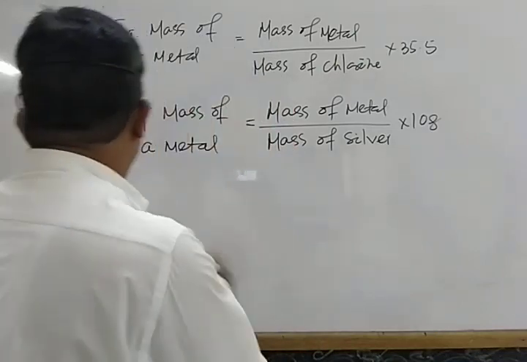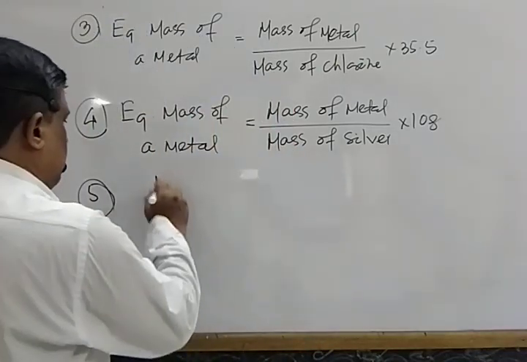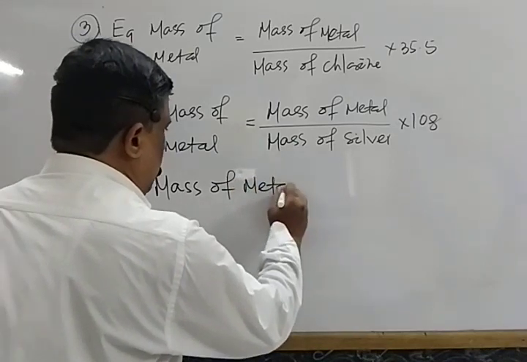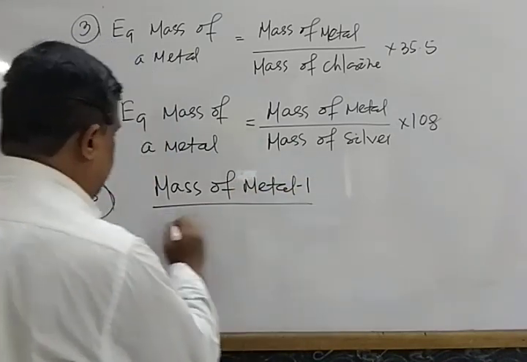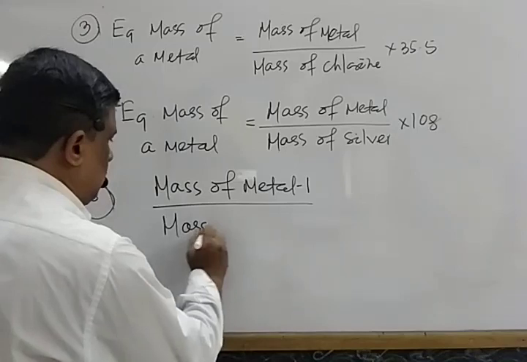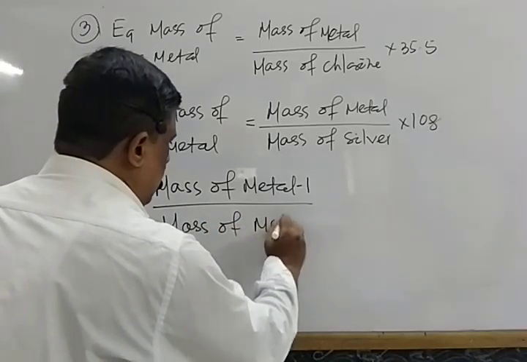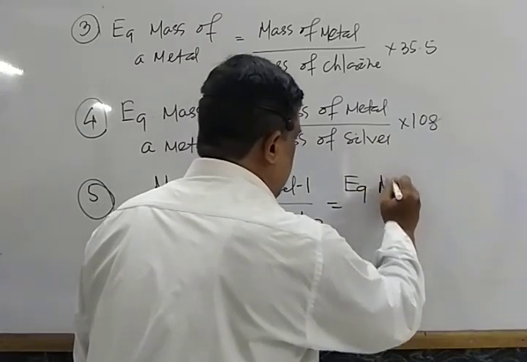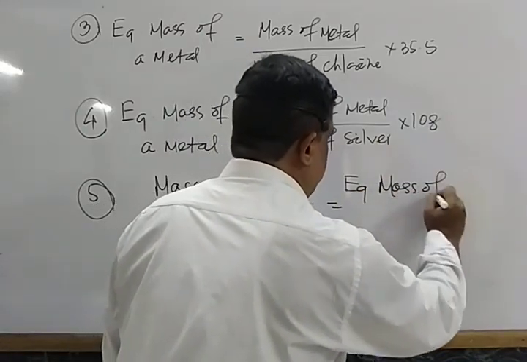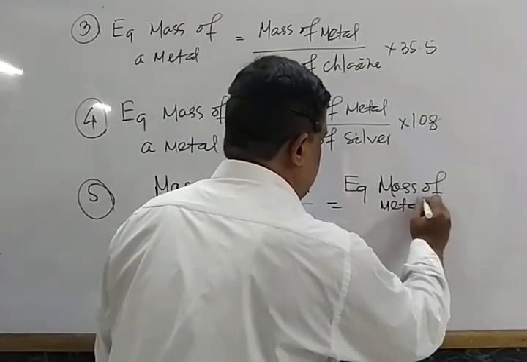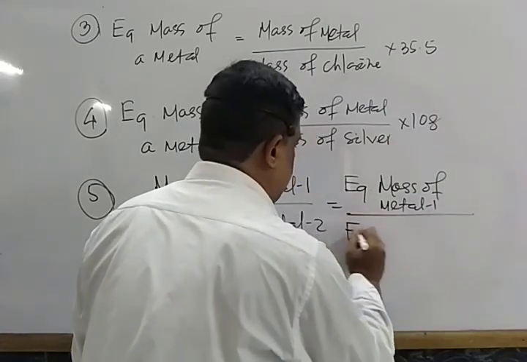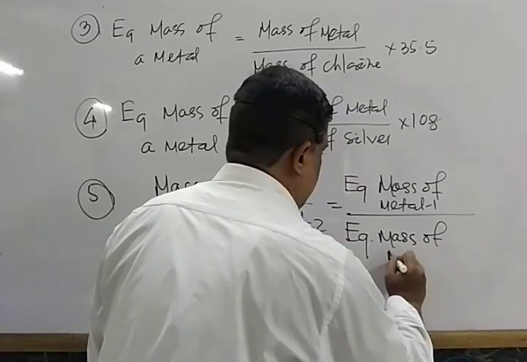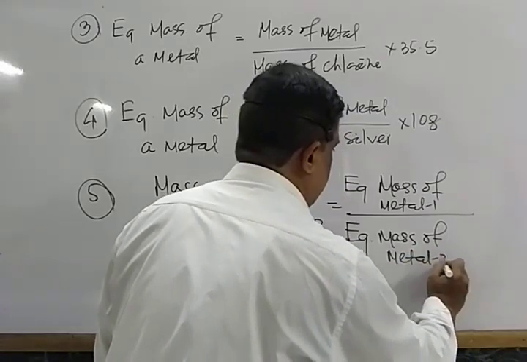That means mass of metal 1 by mass of metal 2 is equal to equivalent mass of metal 1 divided by equivalent mass of metal 2.